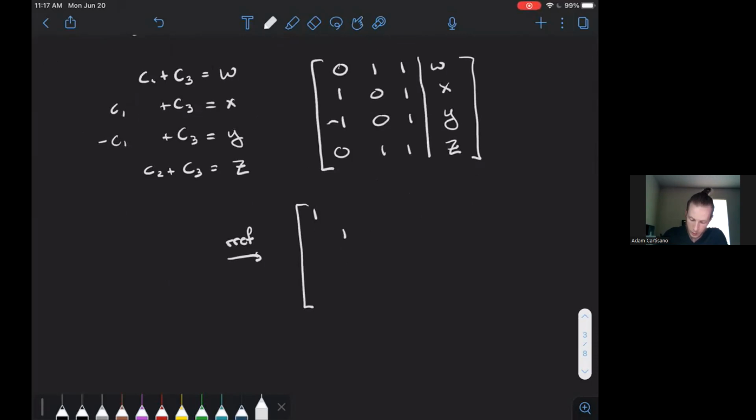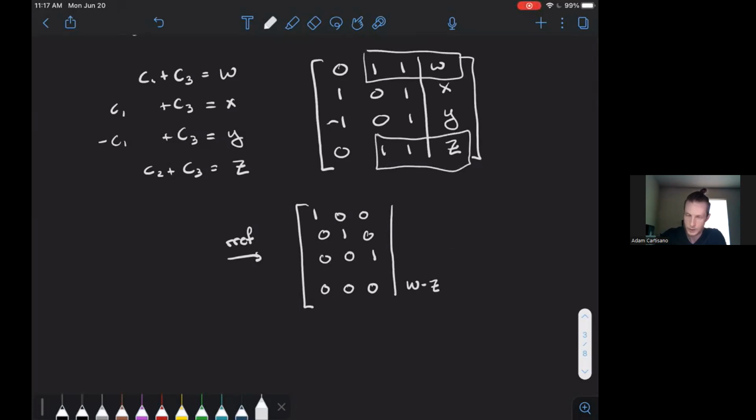ones on the first three leading entries, zeros everywhere else. You'll have a row of zeros at the bottom, and then some other functions of W, X, Y, and Z up here, with the most important one being this bottom one, W minus Z. Notice if you subtract these two rows in the bottom, you'll get that row of zeros, but you'll end up with W minus Z or Z minus W or whatever.